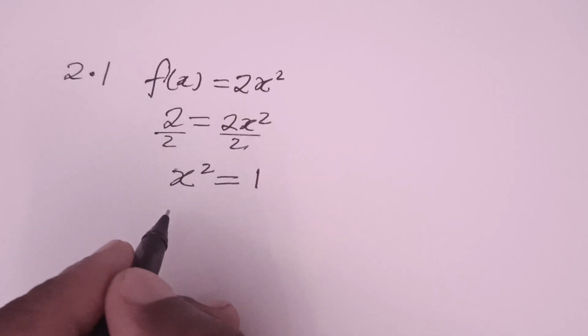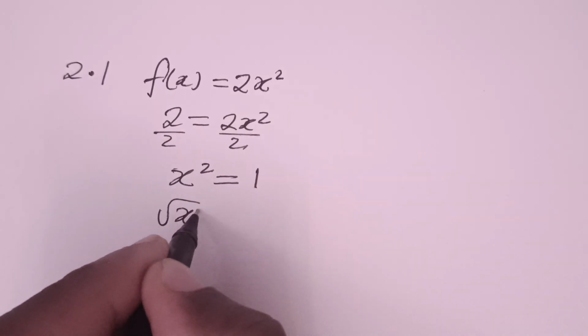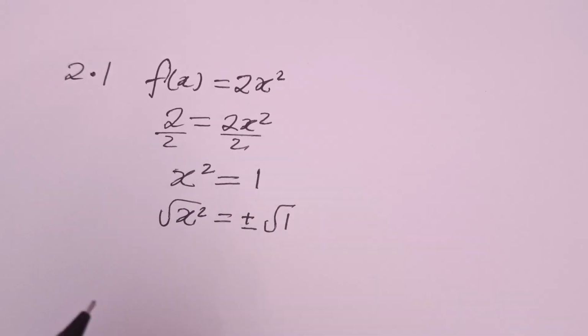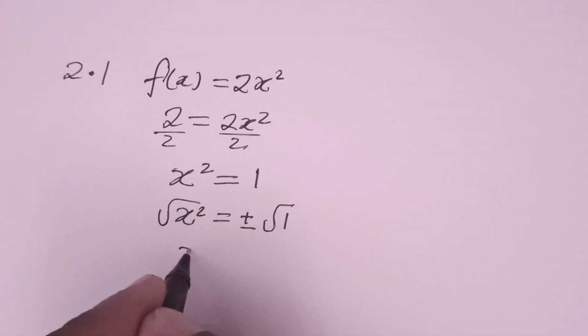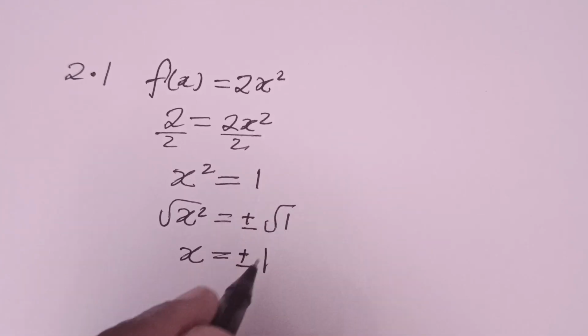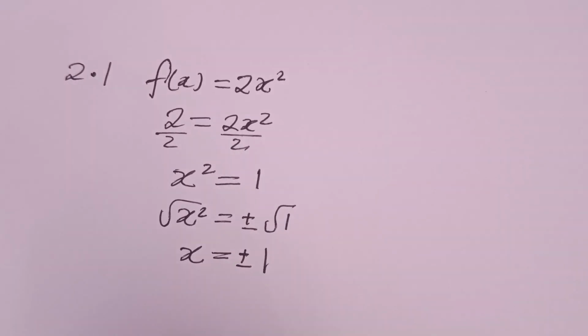Putting a square root on both sides, on the right-hand side you have a plus minus. Therefore, x is plus minus 1, because the square root of 1 is just 1.